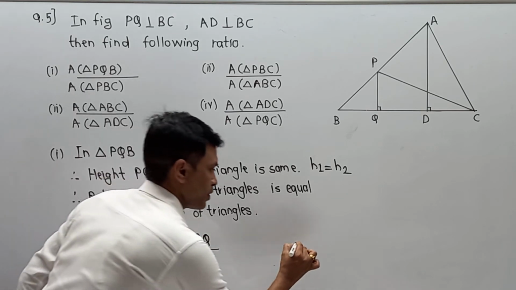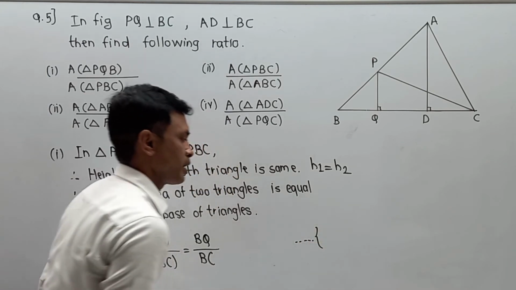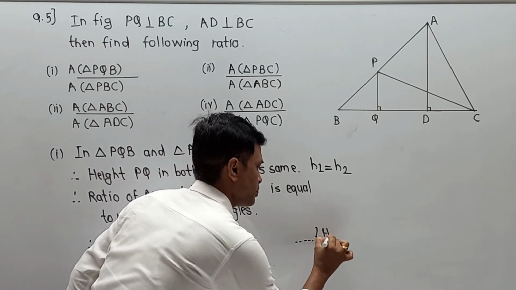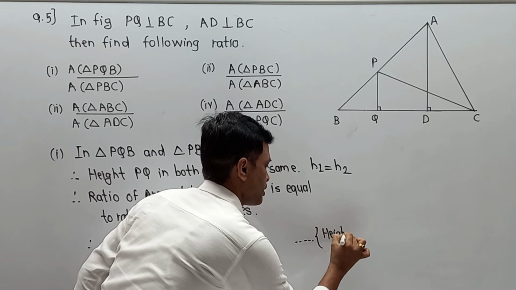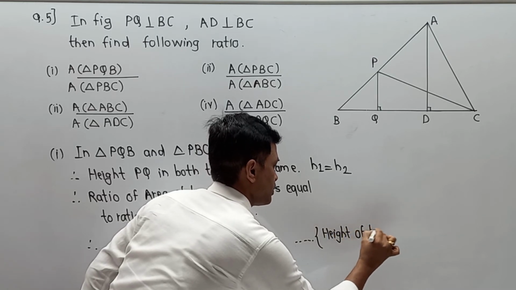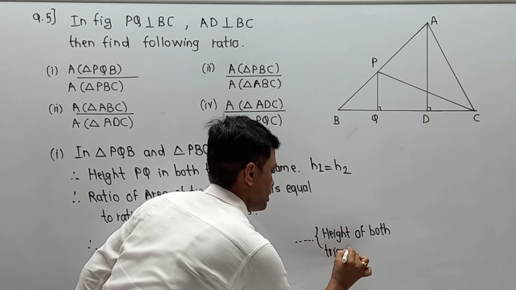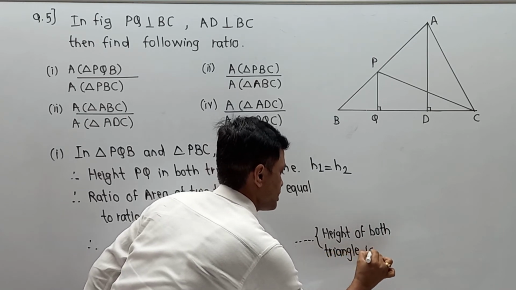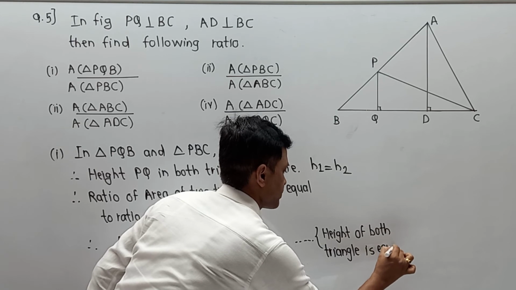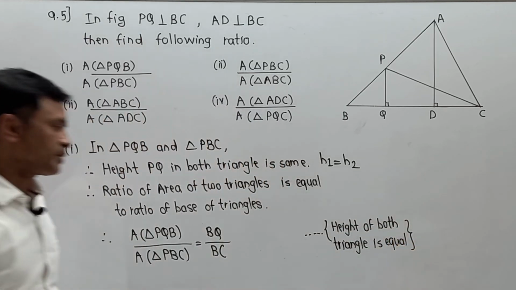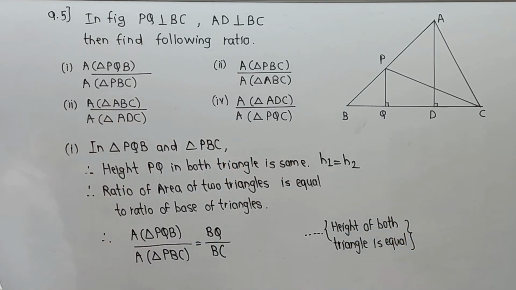Here also you can have height of both triangles equal. And in this way, in a proper systematical writing part, you are supposed to complete it.